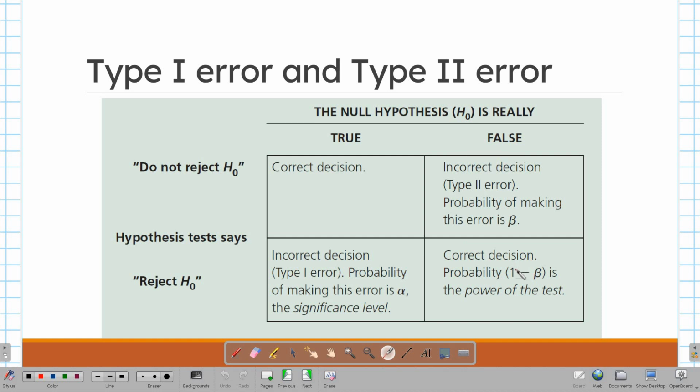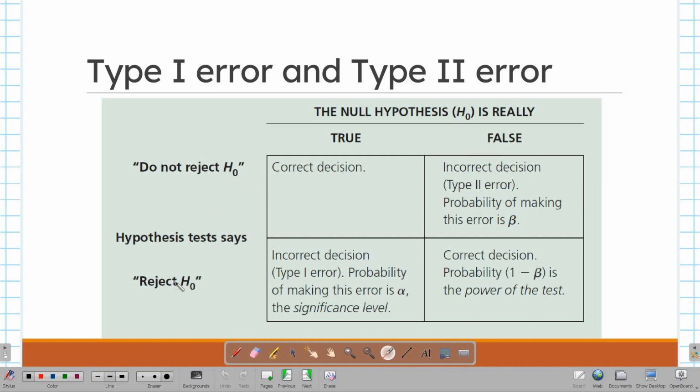If we reject a false H0, the probability of that is called the statistical power of the test. But if we do not reject a false H0, that is a type 2 error, and the probability of that is beta.